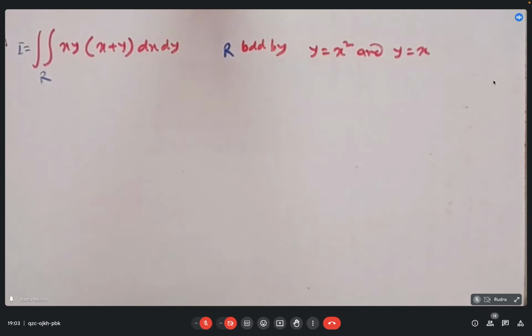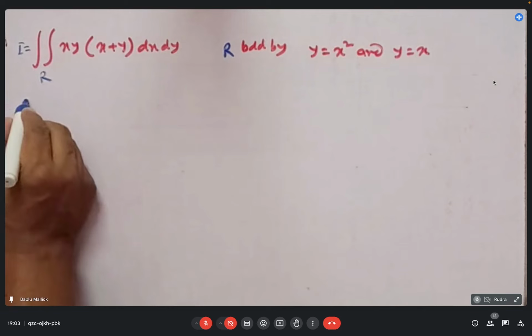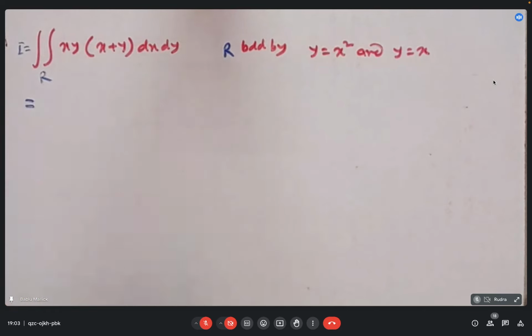Draw the diagram and decide what the limits are. Just do it and tell me what you are getting. First draw the diagram and the limits, and then I shall proceed.